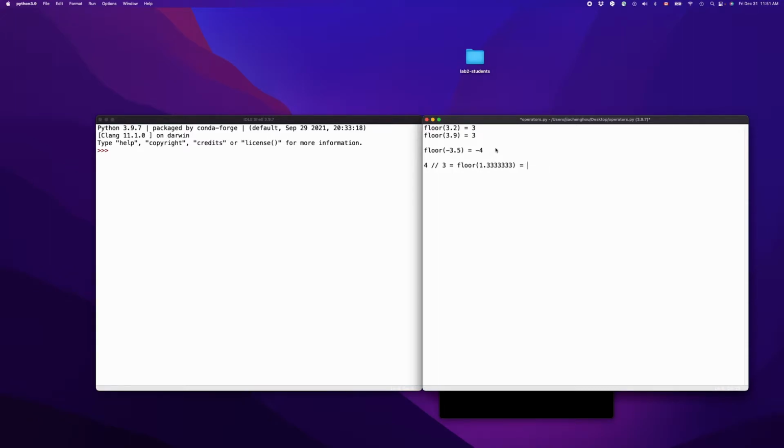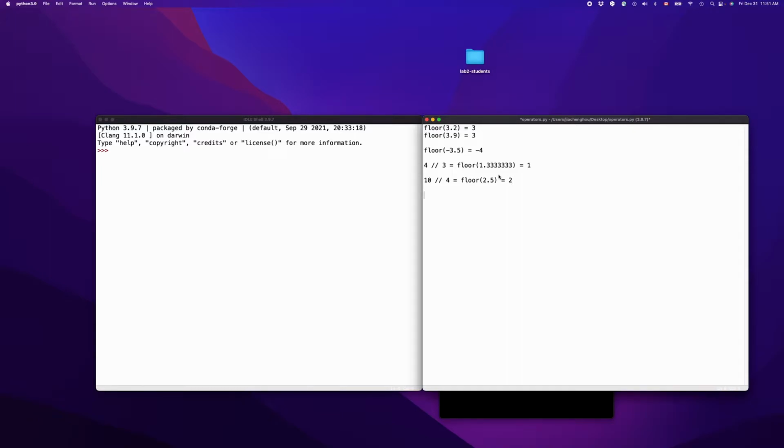So it should be 1. Try another example. 10 divided by 4. This is the integer division, right? It should be floor of 2.5, and it should be 2.